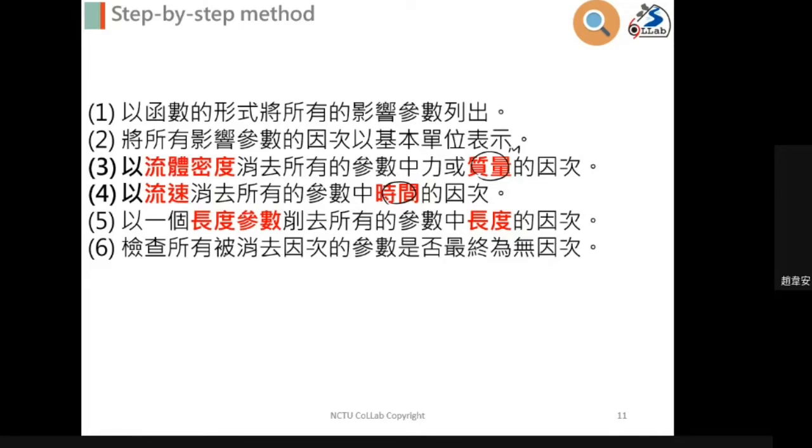And finally, we just check if the final parameter is a dimensionless parameter.